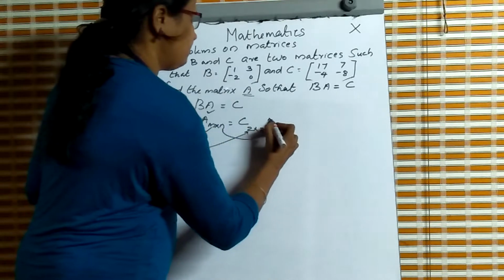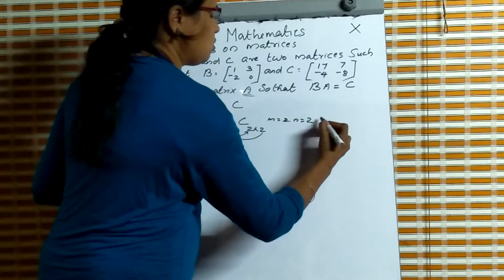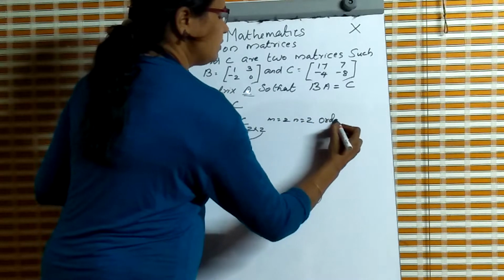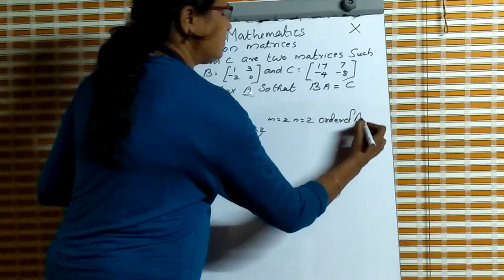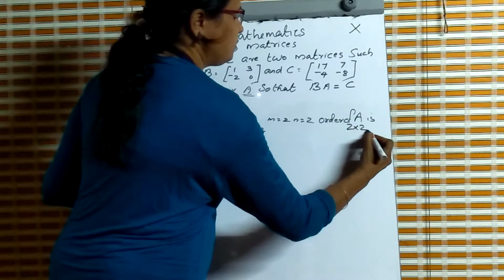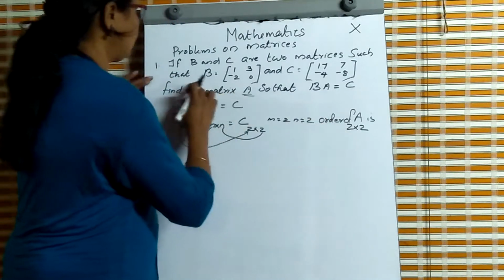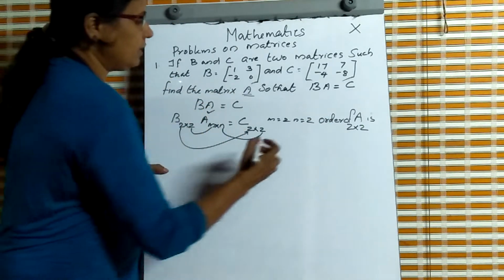Then m is equal to 2 and n is equal to 2. So, the order of A is 2 by 2. Now, we have to find a 2 by 2 matrix according to the given condition.